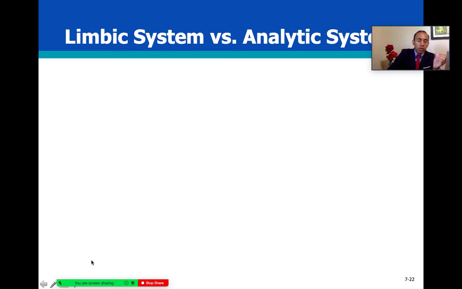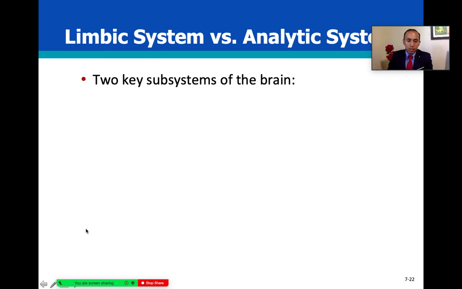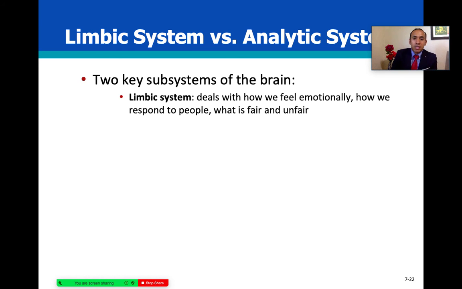So our brain may be broken down into two categories: the limbic system and the analytical system. Sometimes people are highly analytic when they make decisions, and sometimes they're highly spontaneous, very emotion-driven. The limbic system deals with how we feel emotionally, how we respond to people, how we respond to things.